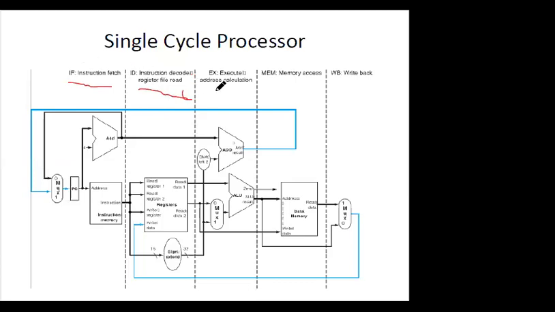Then we have to execute and perform address calculation. Then we have memory access, and then we have write back in this case. So in a pipeline, an instruction is to be executed in these 5 steps.